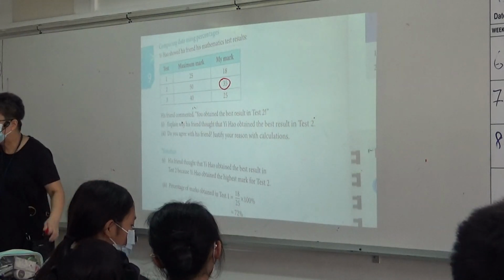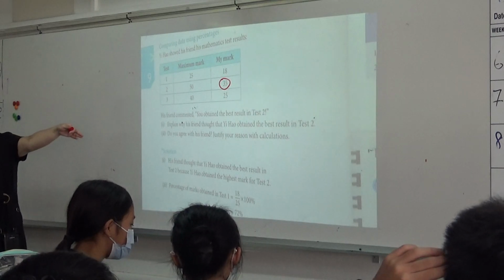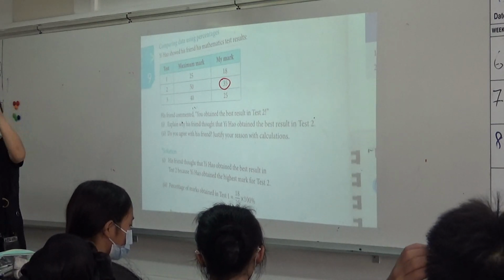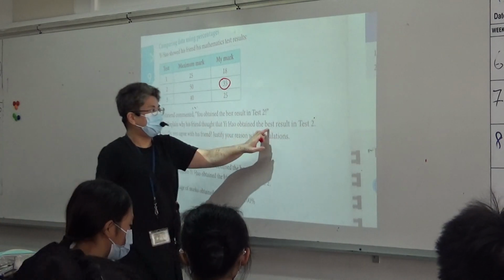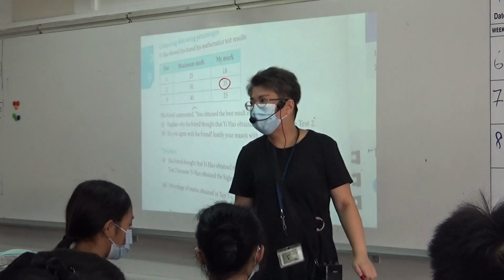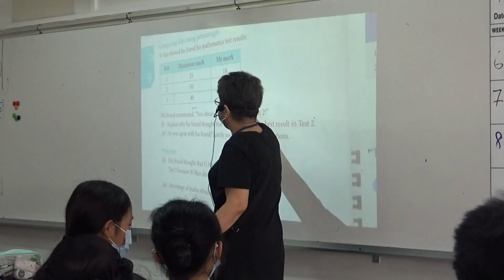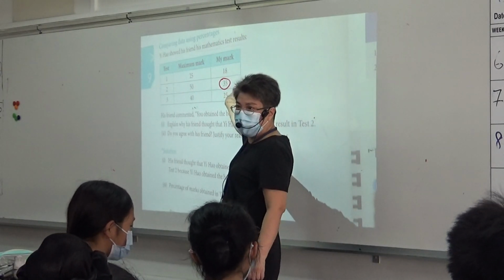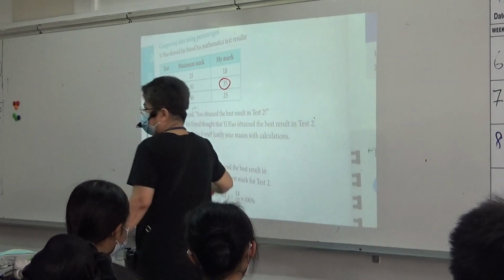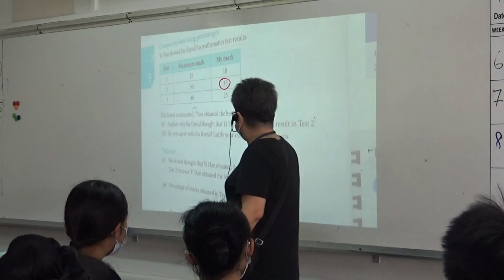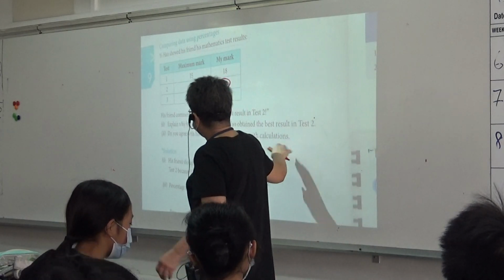What did the friend do? He just compared the score, right? Which one is the highest? The absolute value. Explain why his friend thought that he had obtained the best result in test 2. Because the mark is the highest. Correct. That's how his friend interpreted it. Do you agree with his friend? No. Justify your reason with calculations.